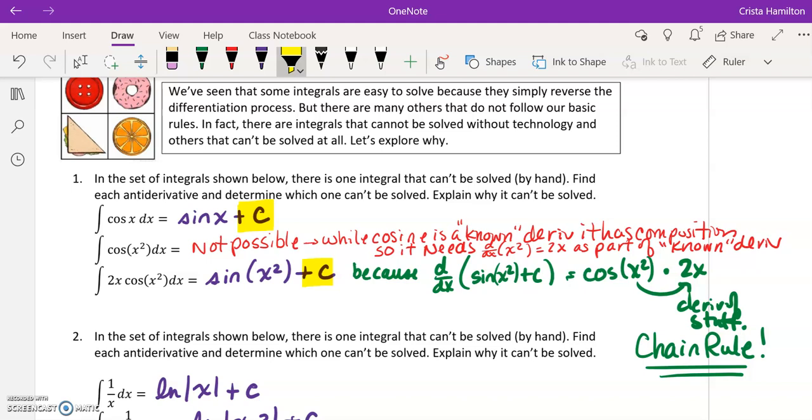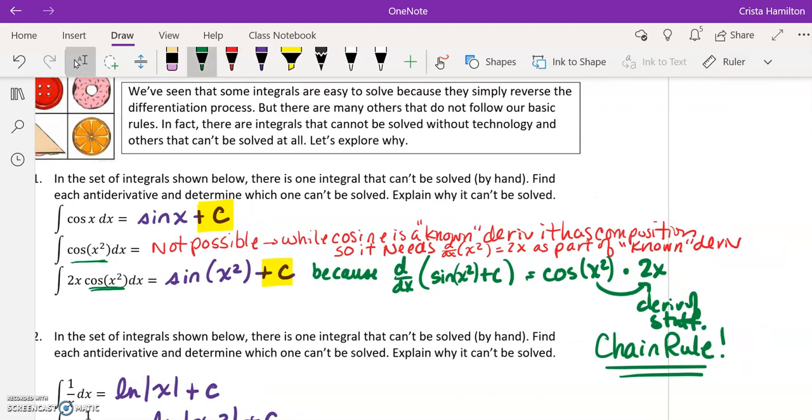Now, looking at the two that are below here and talking about the difference between them, while cosine itself is a known derivative, this cosine is a composition. And we know that the derivative of a composition requires chain rule. So let's make a note to ourselves up here. Let's do this in blue.